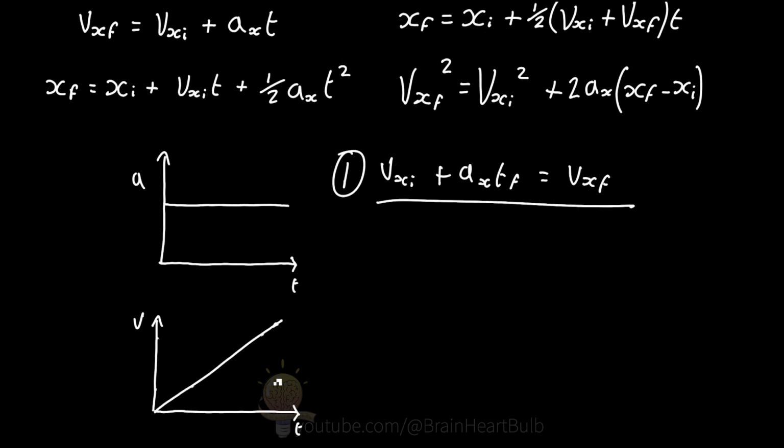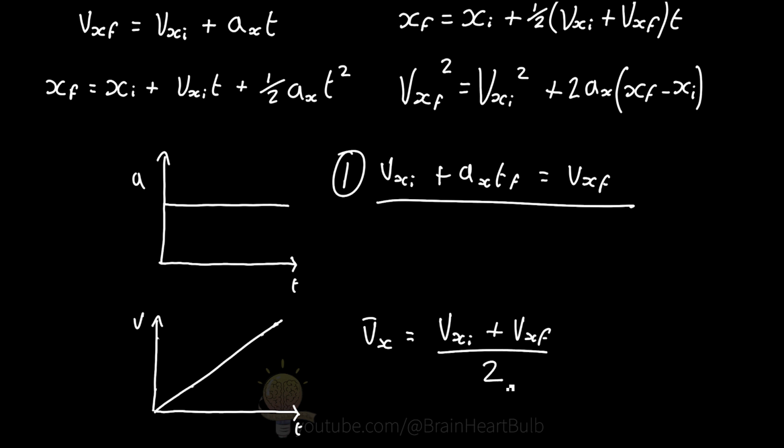Now there's another thing worth mentioning about the velocity time graph here that's really quite important. The average velocity of a particle along the x-axis can be represented by the initial velocity plus the final velocity divided by 2.